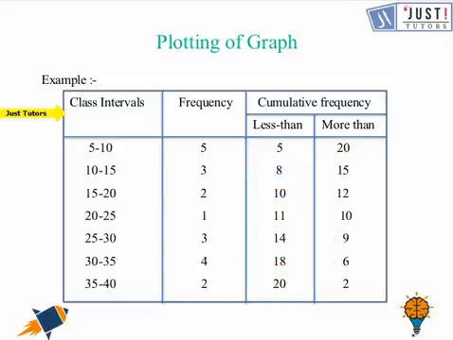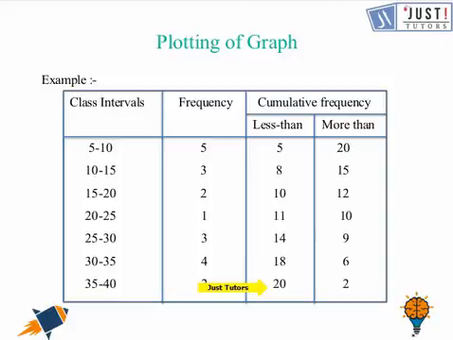Now, in order to mark the points for the less than type curve, we choose the upper limits, that is 10, 5; 15, 8; 20, 10; 25, 11; 30, 14; 35, 18; 40, 20.